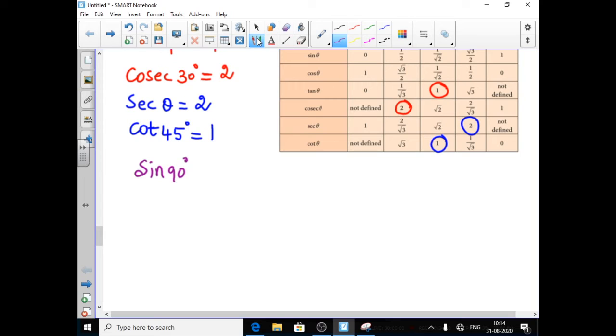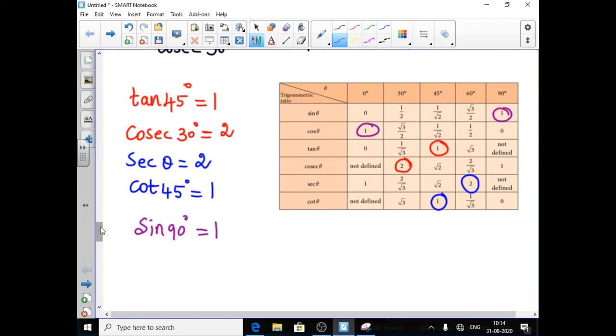Sin 90 degree is equal to 1 and cos 0 is 1. Okay, everything we found the values. So now we are going to apply the given values.